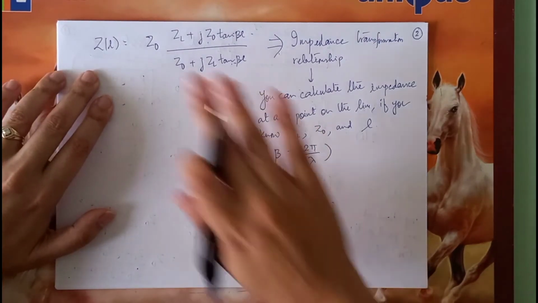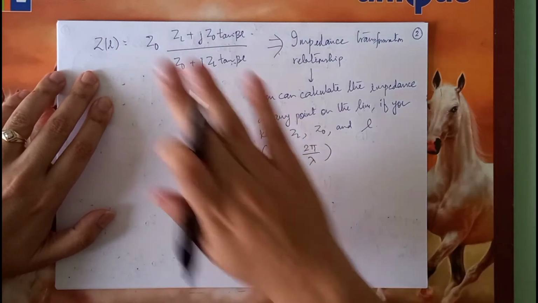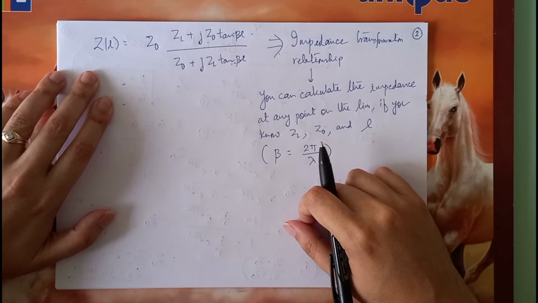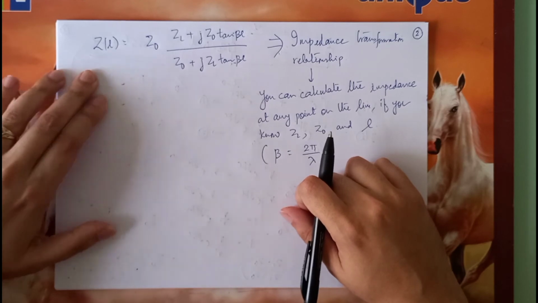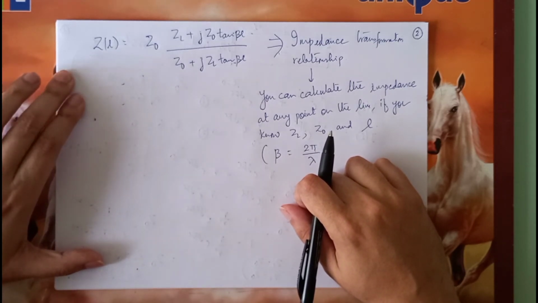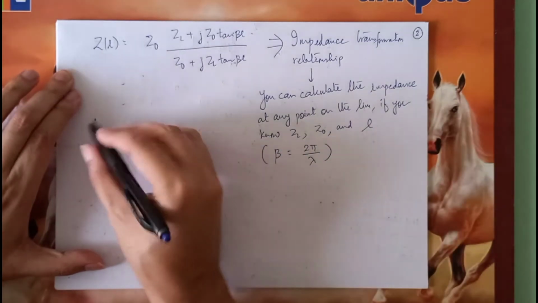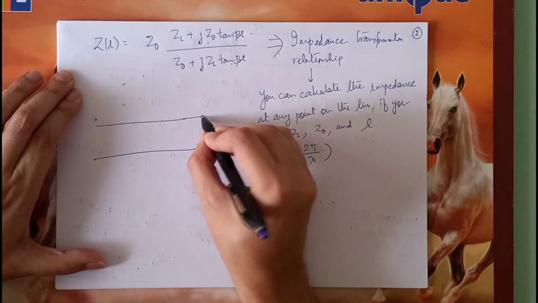So now let us see some interesting properties of this impedance transformation. Now suppose I have a transmission line.